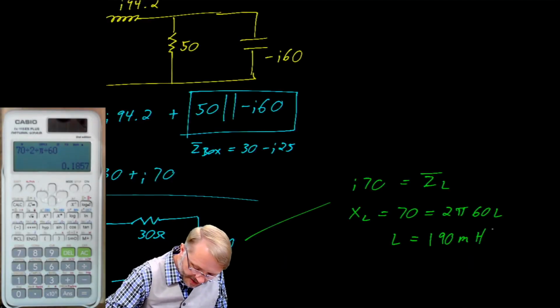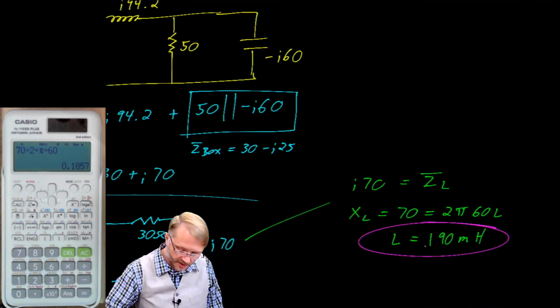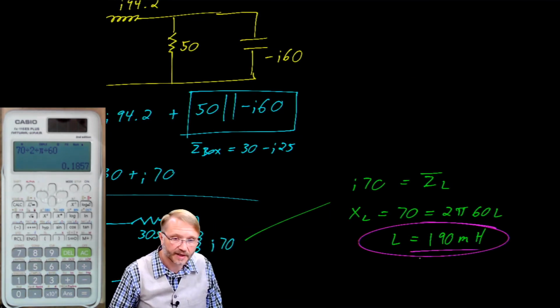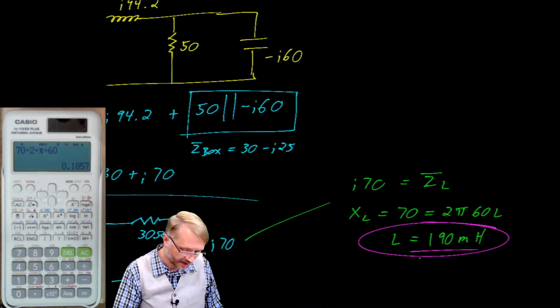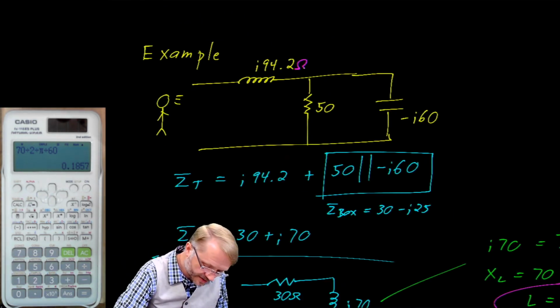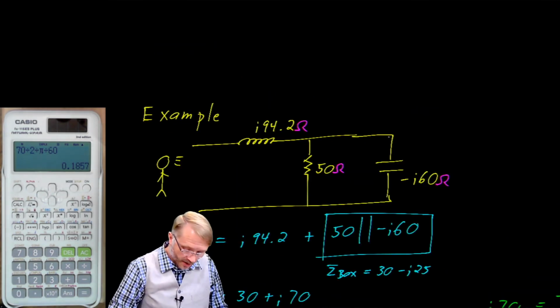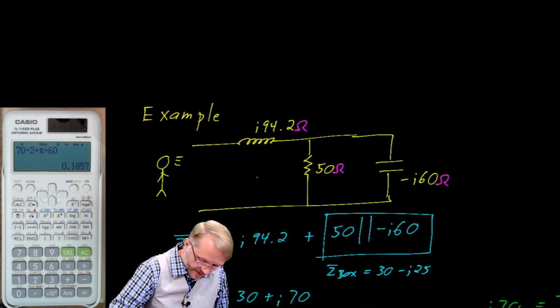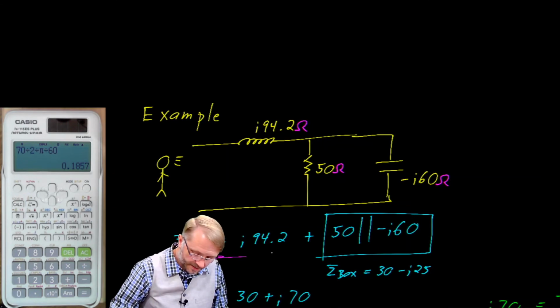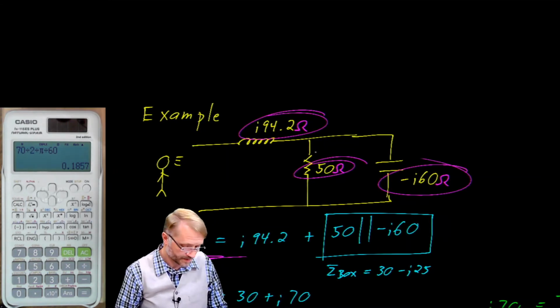While we're here, I wanted to give you a quick caution. Watch out for your units. In this particular case, 190 millihenries is the value that's physically stamped onto the inductor. But up here, we were using impedances, which are in ohms. What I'm trying to say is be careful. In order to calculate the total impedance, everything must have values of ohms.